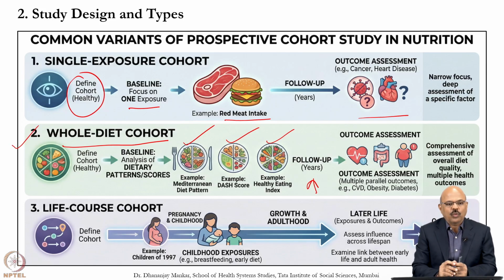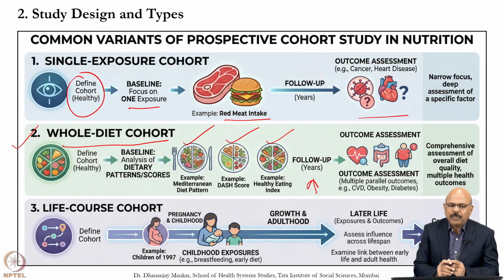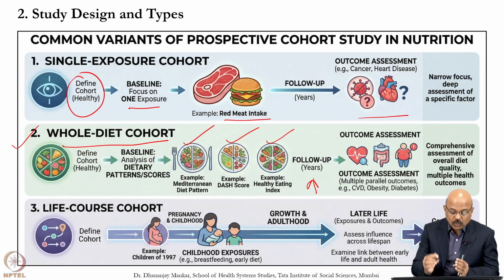Now a life course cohort is also very important and is gaining in popularity. You define the cohort first, then you take a disease condition, or even a life course stage, for example childhood, pregnancy, teenage, adolescence. For example, children of 1997, childhood exposure with breastfeeding or early diet, and whether they got good growth in adulthood.